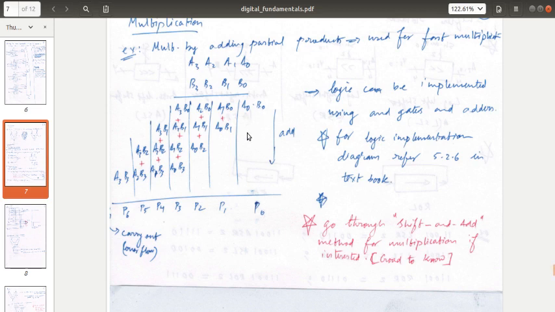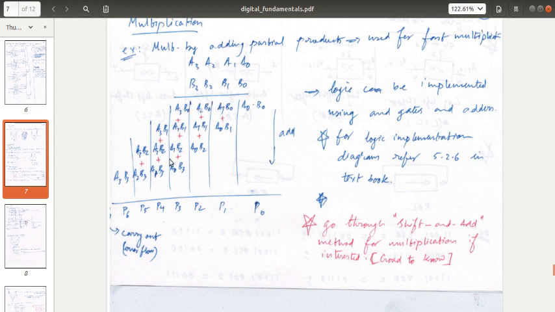We take this directly, then we add these two terms, A1 B0 added to A0 B1. This will be 1 bit. These P0, P1, these are all single bits. Then A2 B0 plus A1 B1 plus A0 B2 will be added, along with the carry which is coming from here.